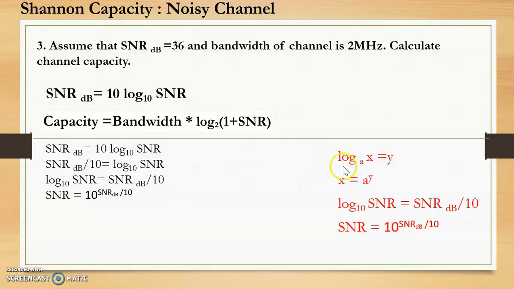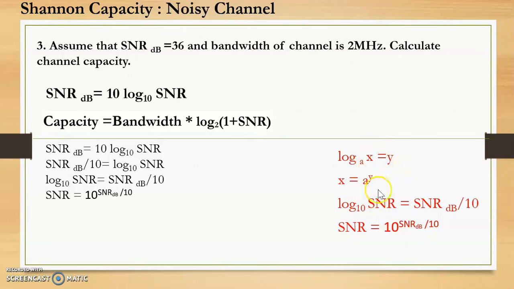So we need to find the SNR value, or the signal to noise ratio value. So consider this logarithmic rule, that is, if log x to the base a equal to y, then x will be a raised to y. So similarly over here we have log of SNR to the base 10 equal to SNR in decibels divided by 10.